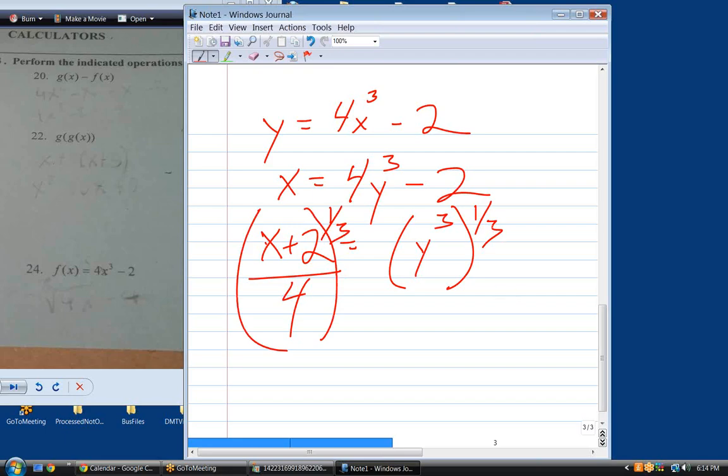When you raise something to the 1/3 power, that's the same as taking the cube root of it. If I raise it to the 1/2 power, that's the same thing as taking the square root of it. Well, the right side is left with just y. In other words, I'm double exponentiating here, so I'm going to multiply the exponents. 3 times 1/3 is 1. And the left side is that.